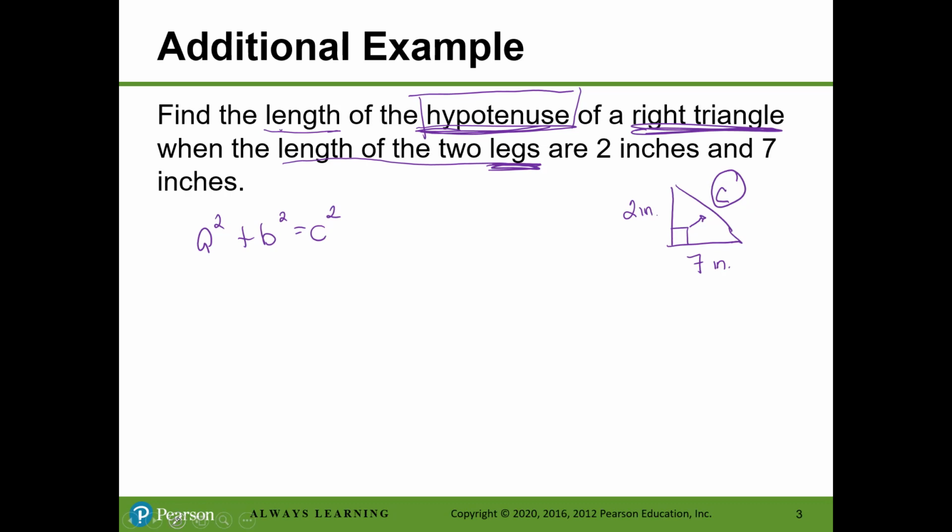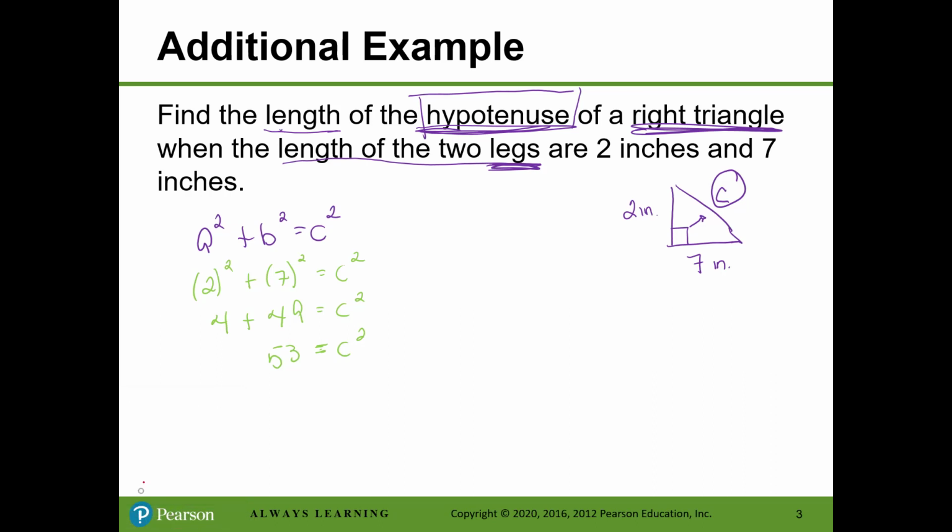Cool? Okay, so let's plug these in. Let's see what we're going to get. So I have 2 squared plus 7 squared equals c squared. Working on our math. Finally adding these up.